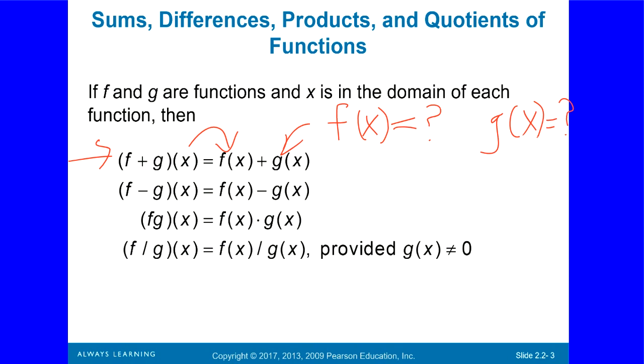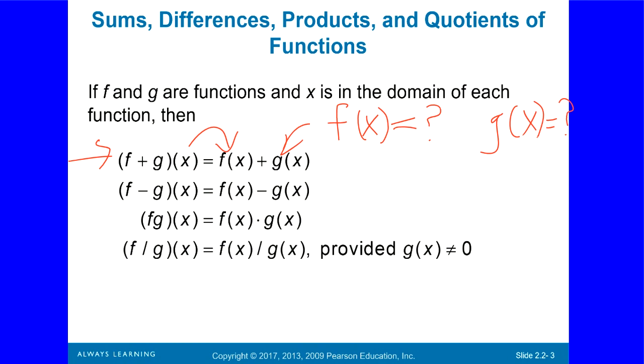Whatever is after the equal sign for f, I will write that, and what you have after the equal sign for g, I will write that and add it together. So we're just doing basic operations with functions.